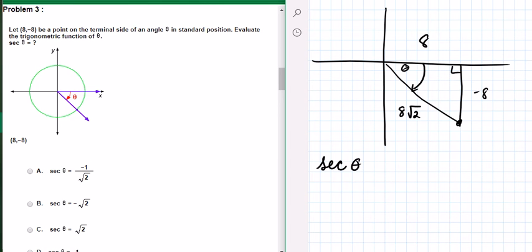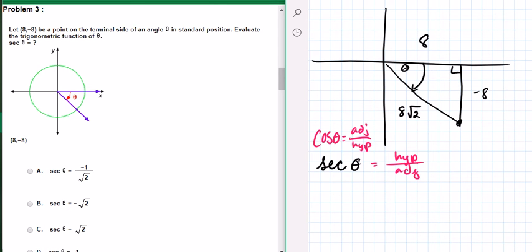I never, ever remember secant. I don't have that memorized, but I do know that it is related to cosine. I know the cosine of theta is adjacent over hypotenuse, so the secant must be hypotenuse over adjacent. I never remember that outright explicitly, but I can always construct it using cosine.